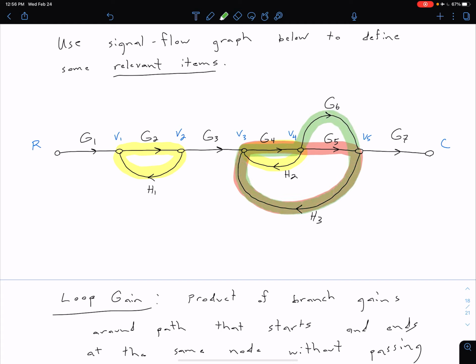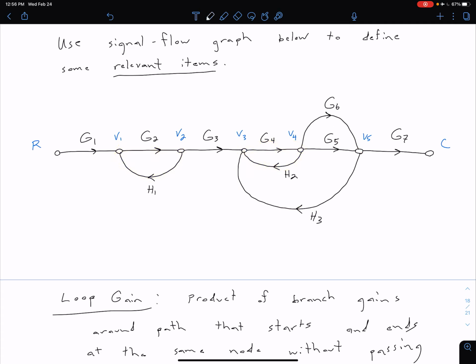What we can see with those 3 loops on the right is that all of them touch at nodes V3, V4, and 2 of those 3 touch at V5 as well. So in this case, our non-touching loops are going to be limited to our loop 1 on the left, and that's non-touching with our other 3 loops.